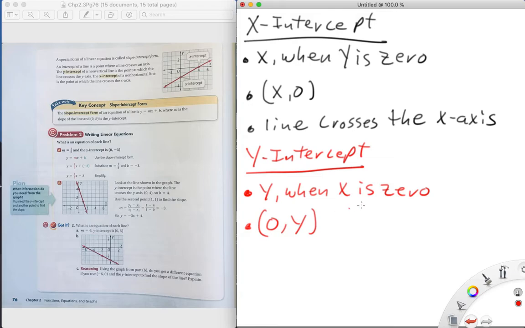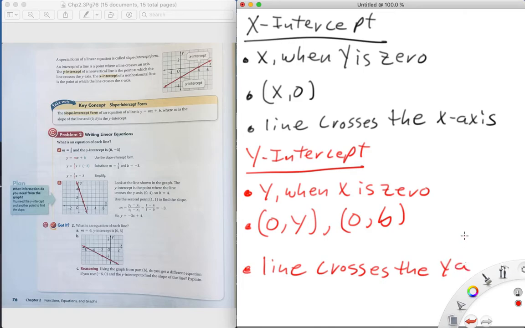But in slope-intercept form, y is the same thing as b, so we can also call it (0, b). And this is the part where your line crosses the y-axis. Where your line crosses the y-axis.